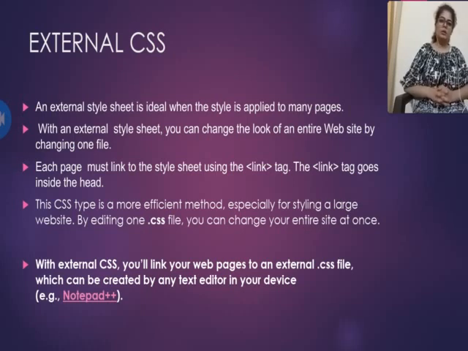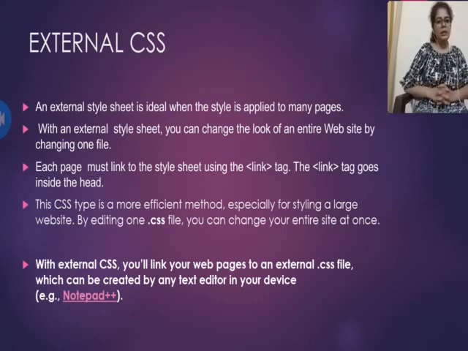See how it works. In the external CSS, you just have to type the code by using any text editor. For example, you can use Notepad. You just have to type the style you want to apply, selector, property, value, and you have to save that file with a .css extension.